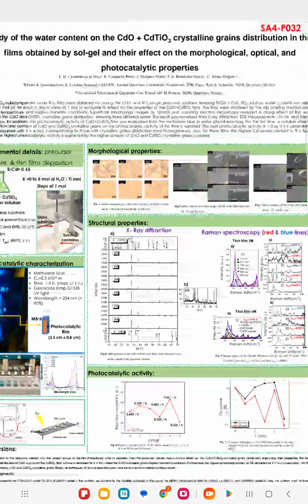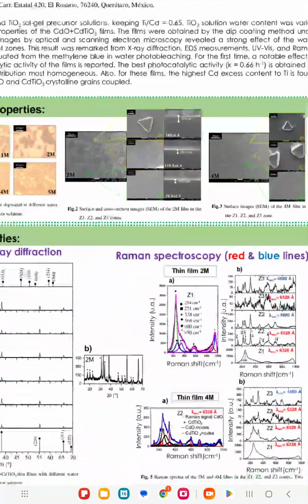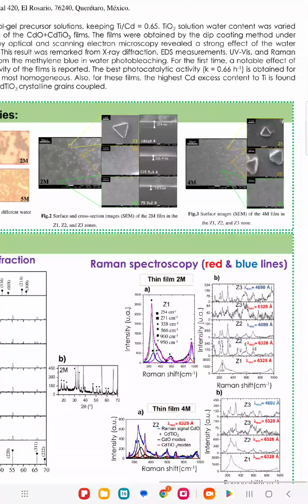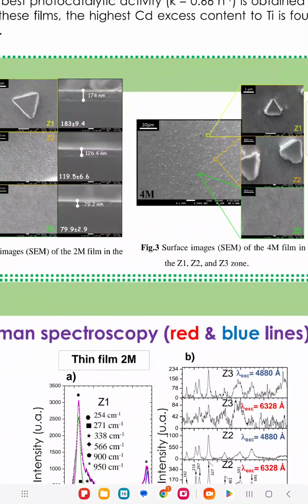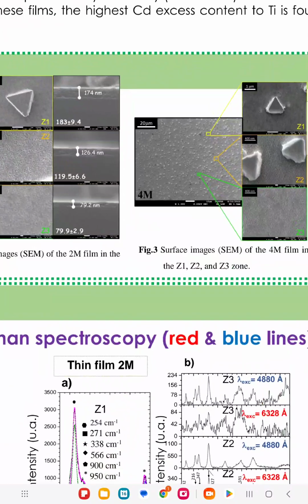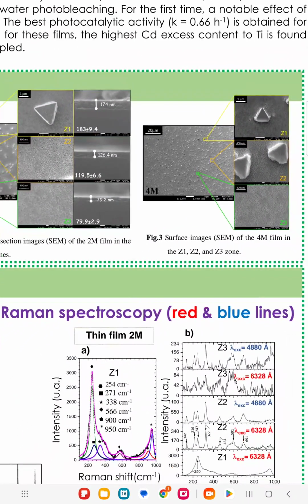In the case of the 4M film, the film with 4 moles of water, I show you in figure 3 the corresponding surface images by SEM in these 3 different zones.